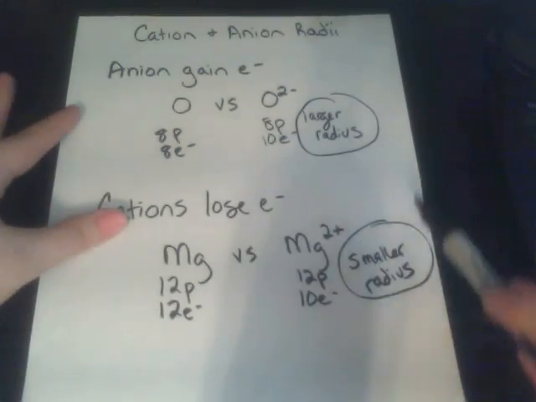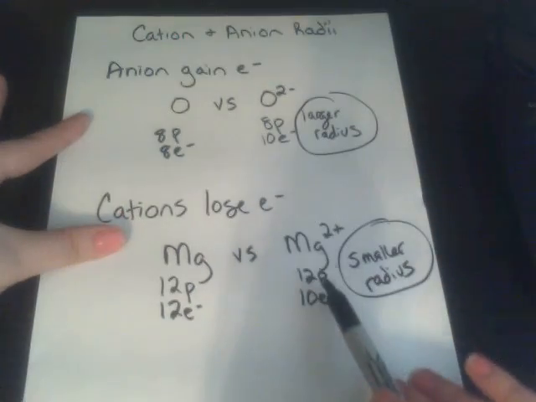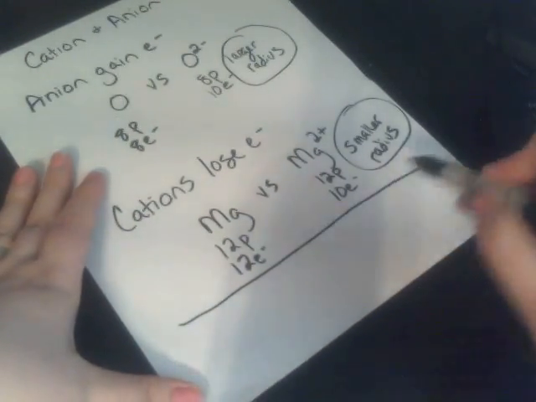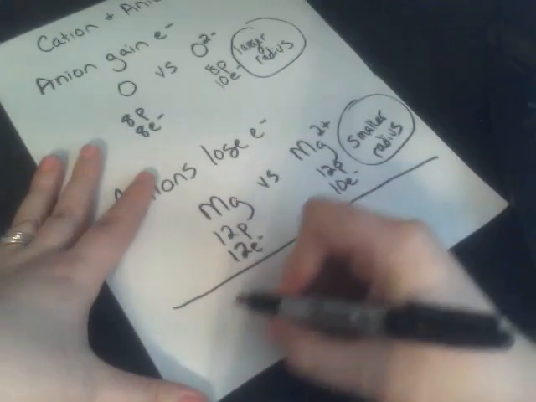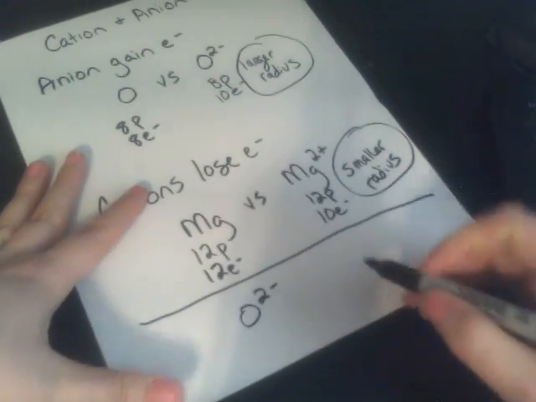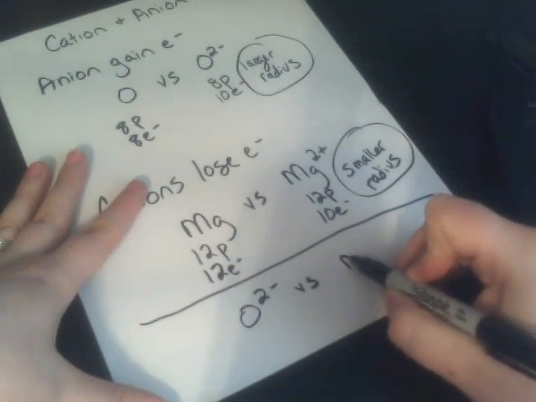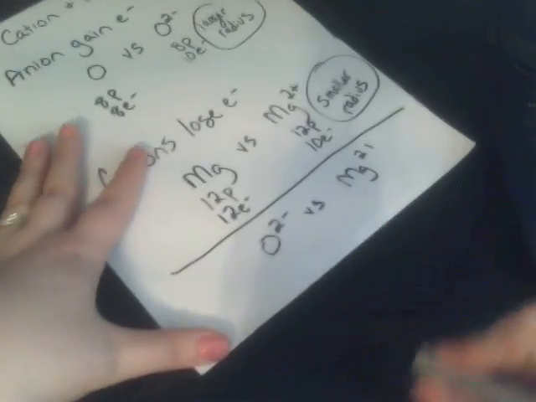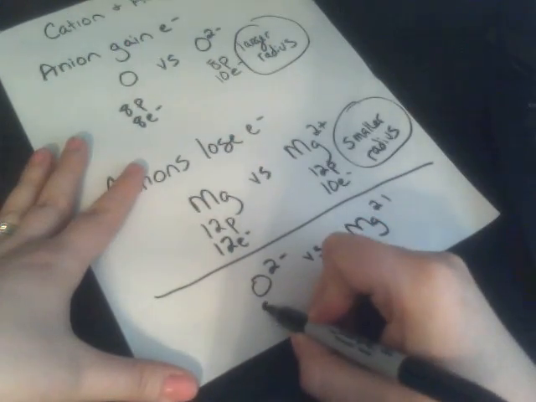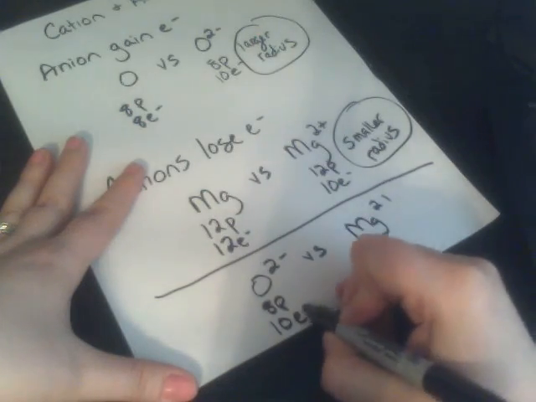Now let's go into this. It looks like these are isoelectronic. So let's do one additional challenge here where we have the radius of oxide versus Mg2+. So the things we have to consider here are we have 8 protons pulling on 10 electrons.